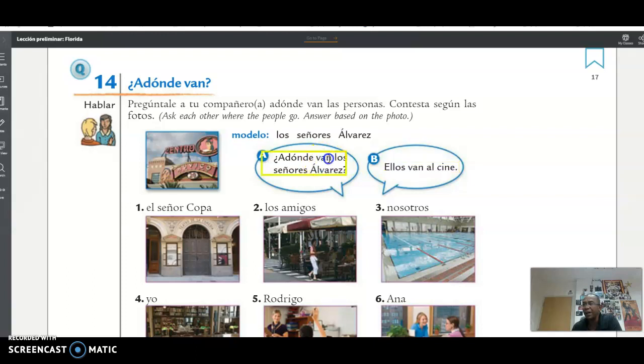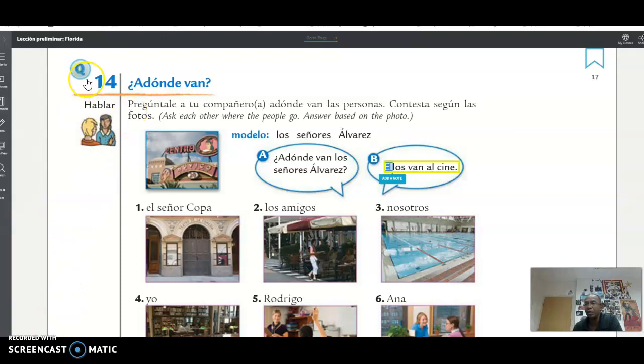Instead of van, you are going to say ¿a dónde va el señor Copa? And the answer would not be ellos because it's only one. So if you only have one person and it's masculine, you're going to say él va a, and whatever it is that he's going to. Él va al teatro de la comedia. Okay? So that's what you're going to do with this activity.